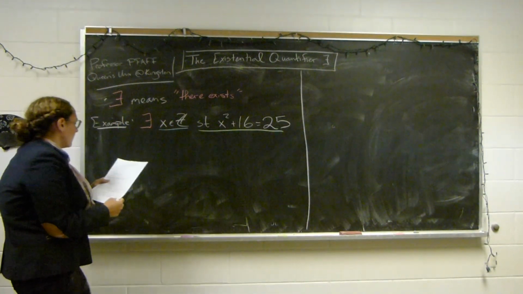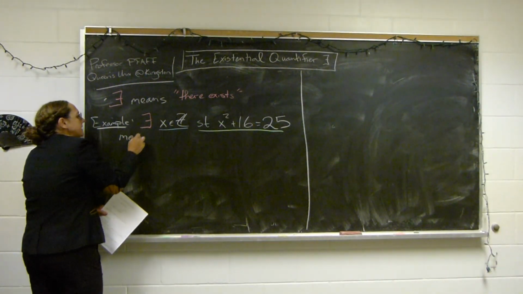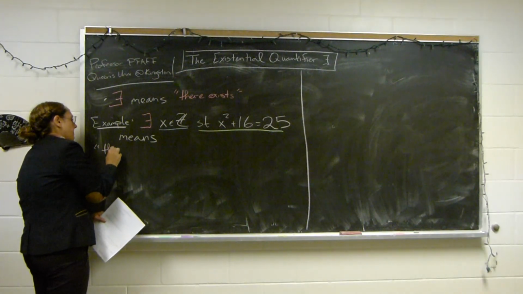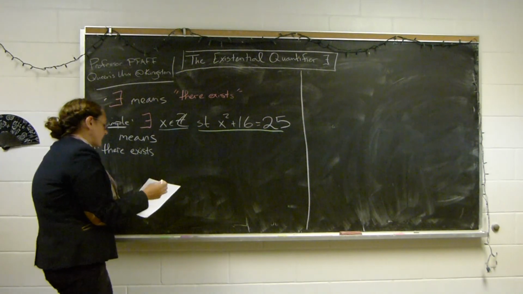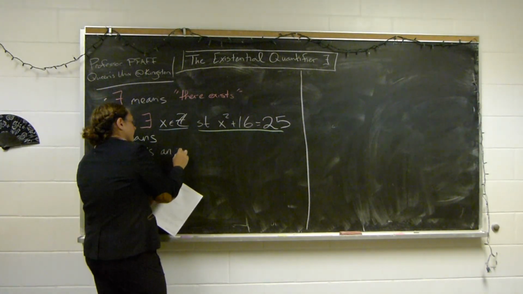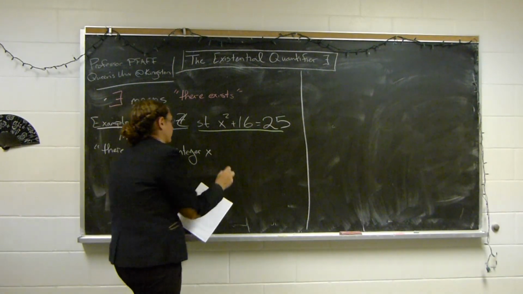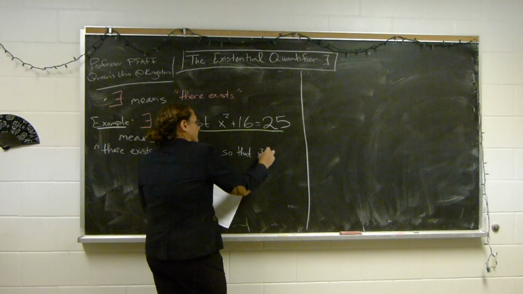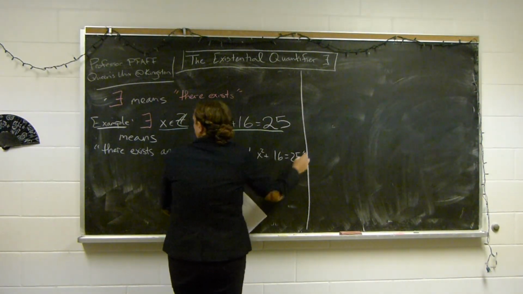And when I wrote it out, what does this mean? This means there exists an integer x so that x squared plus 16 equals 25.